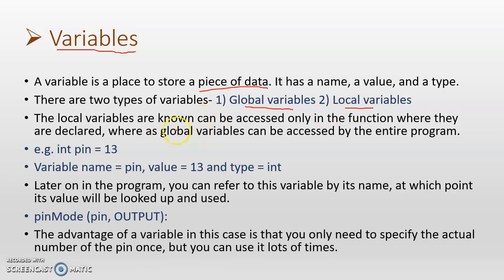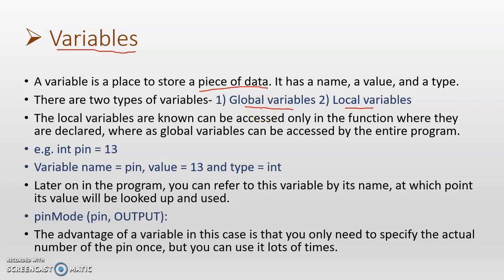The local variables are known and can be accessed only in the function where they are declared, whereas the global variables can be accessed by the entire program. So whenever in the program we have to initialize a piece of data, we can use these variables.